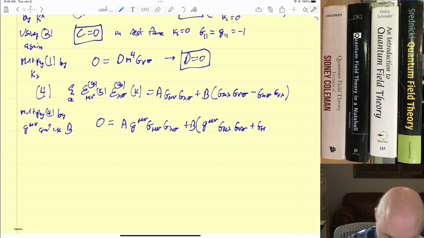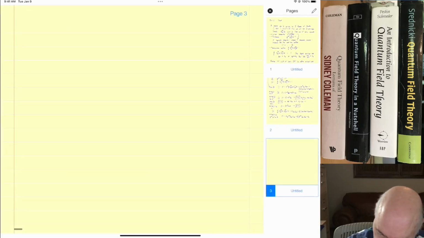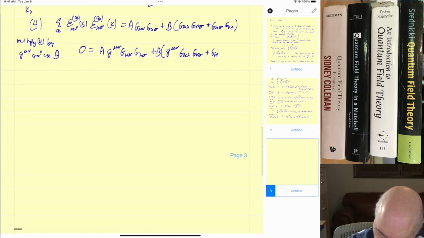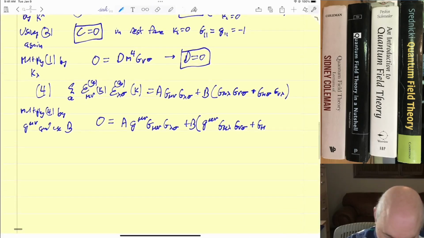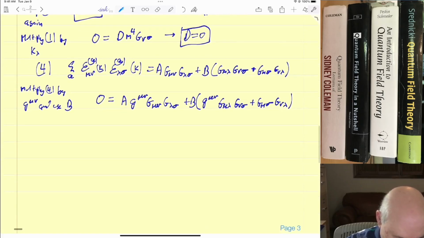I don't think that's correct. It should have been plus g mu sigma g nu lambda. Okay.